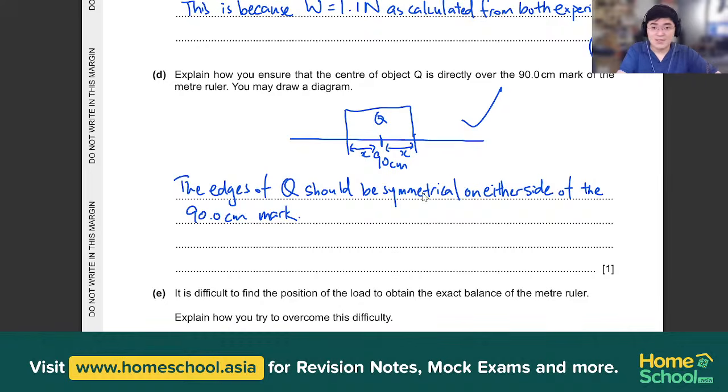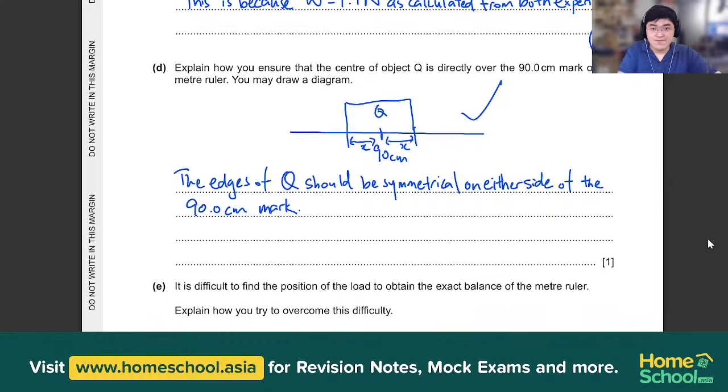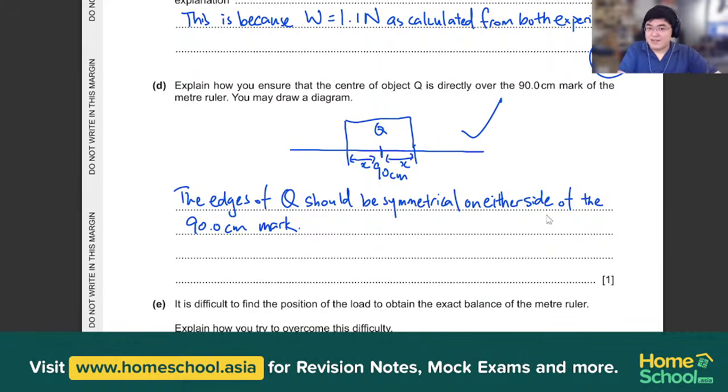This is pretty straightforward, yeah? So as long as you show in this question that both sides of the object Q are directly over the center, and both sides are equal or symmetrical, we are good. And this gets you your full 1 mark.